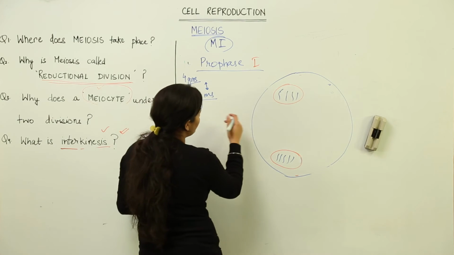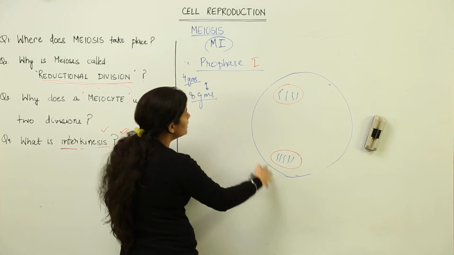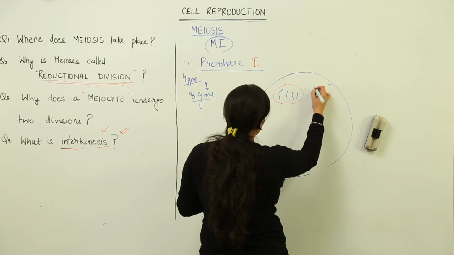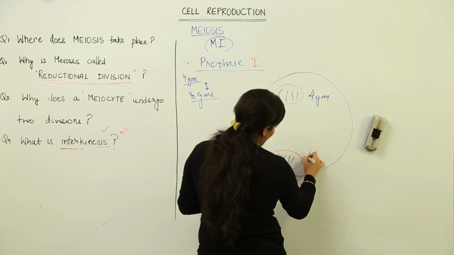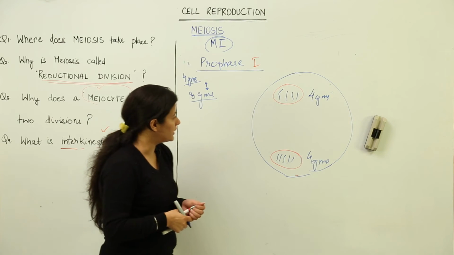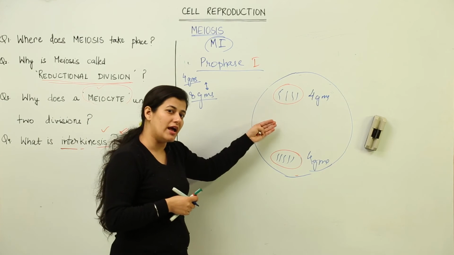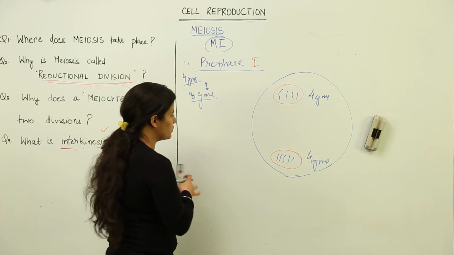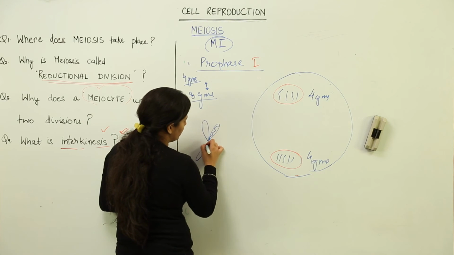Now because half of the chromosomes have gone to one nucleus and half to the other, the genetic content would have again reduced to half of it. But there is one problematic thing: out of these 4 grams, 2 grams and 2 grams are copies only, because you have not separated the sister chromatids over here.